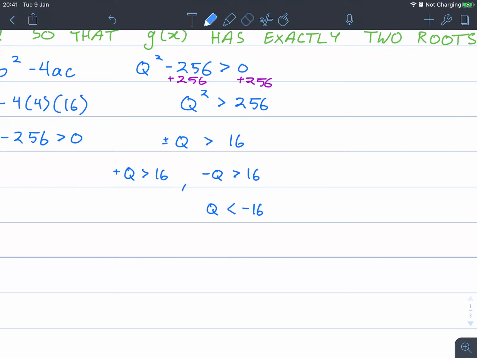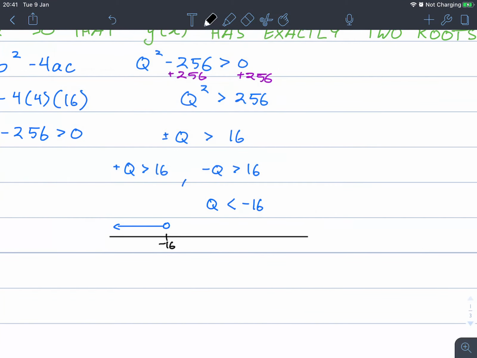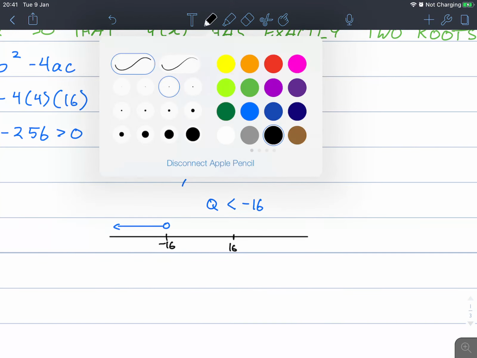As a number line, this will look like the following. We have negative 16 here, and we want q to be less than that. And we have positive 16 here, and we want q to be greater than that.